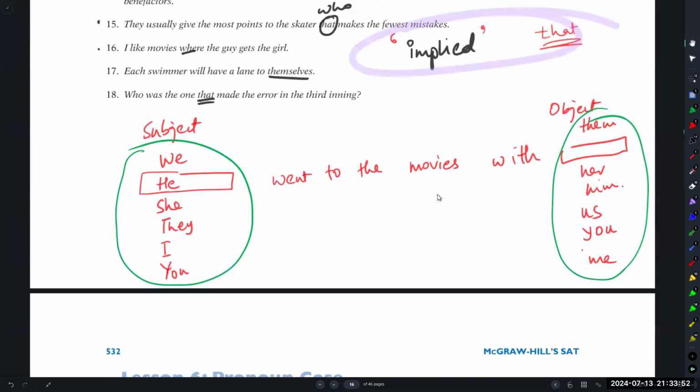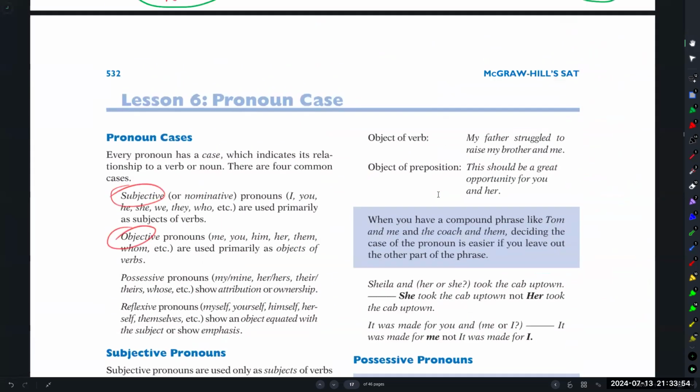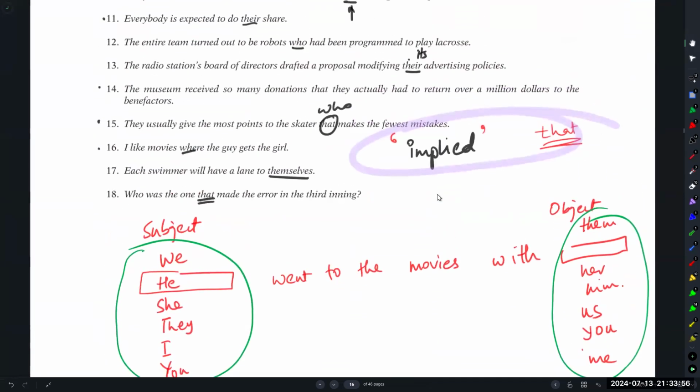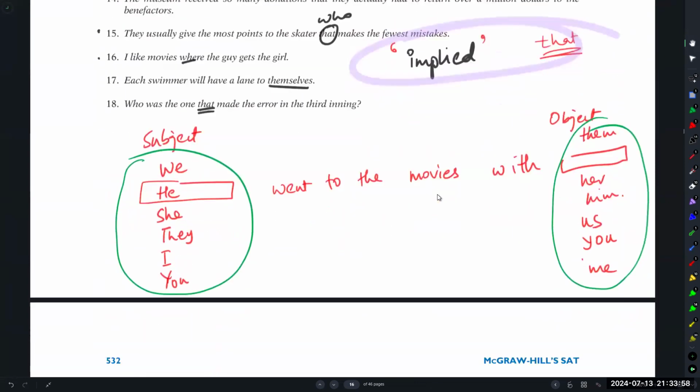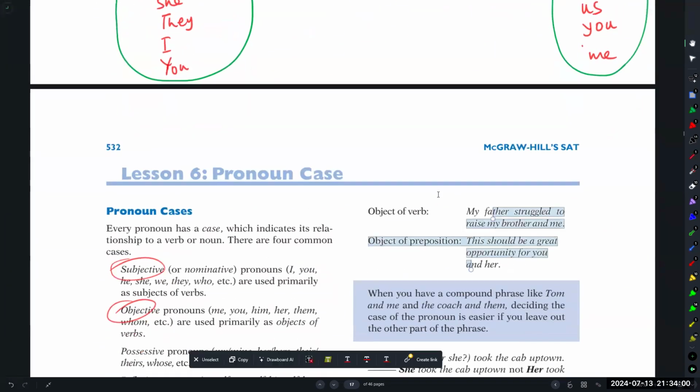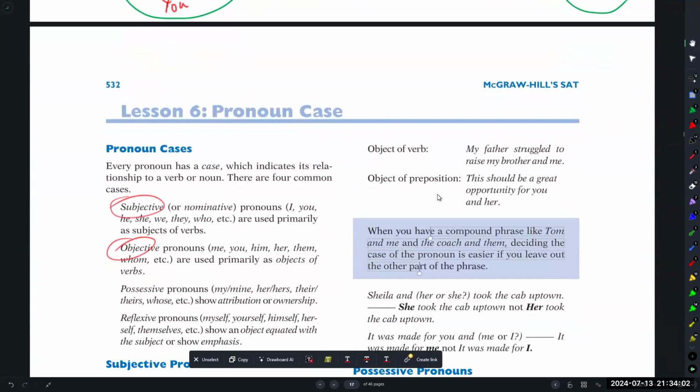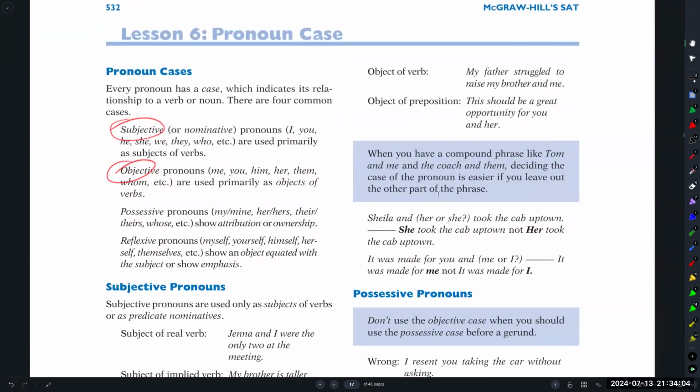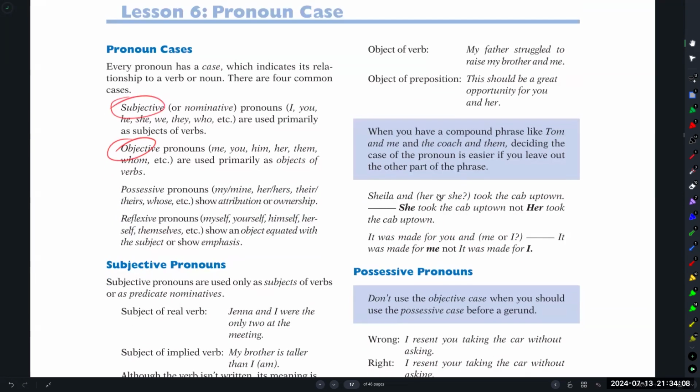I told you to remember that. That was important. Here too we'll have an implied verb, and then we'll see how it works. These possessive pronoun cases are going to tag along within subject and object. Reflexive pronouns such as myself, yourself won't be tested.